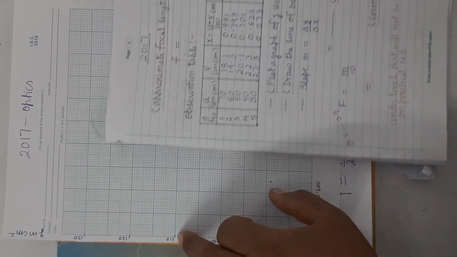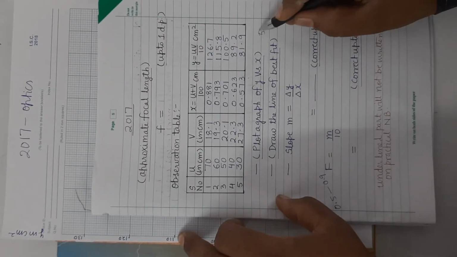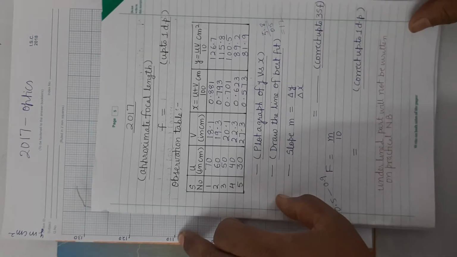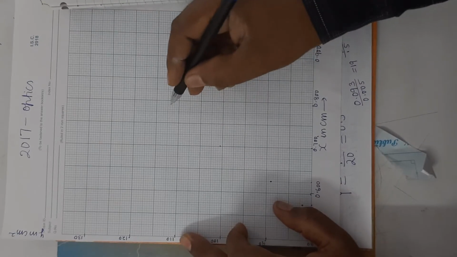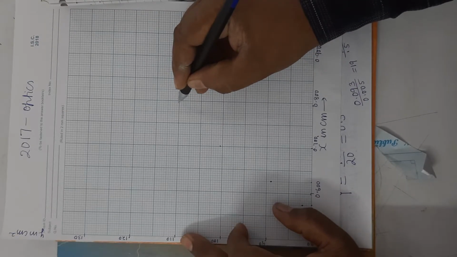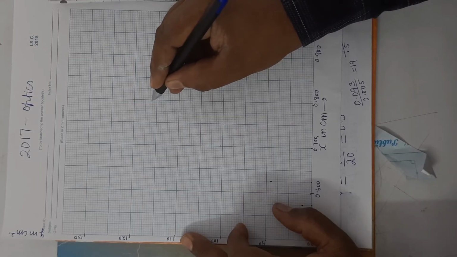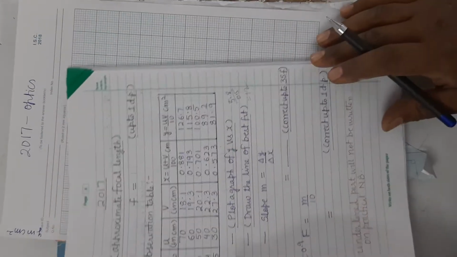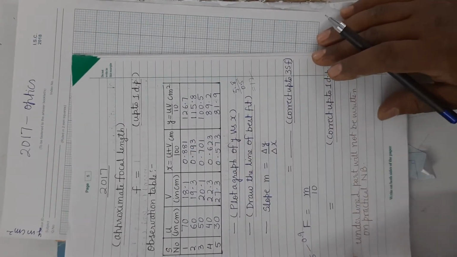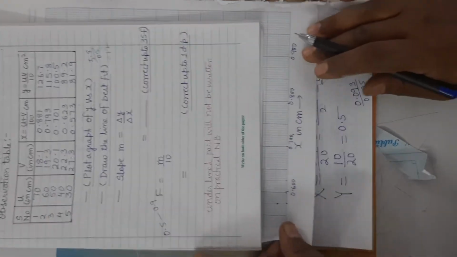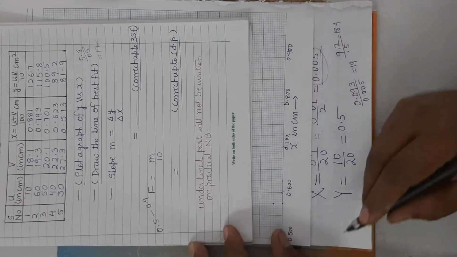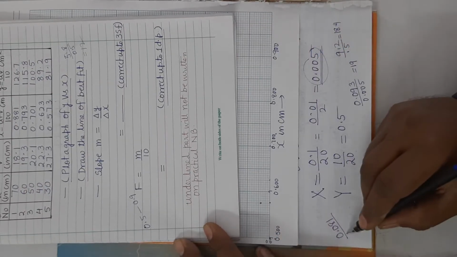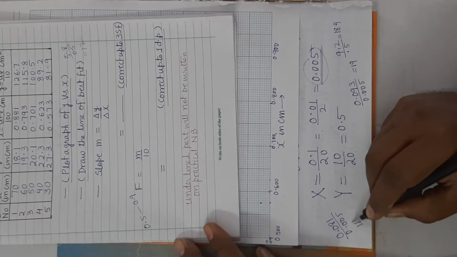115.8 means how much beyond 110? 5.8. When you divide by 0.5, it is nearly 12 divisions. 12 times 5 is 60. So you plot 12 divisions, and it is this point. After that, 0.881. It means how much beyond 0.8? 0.081. The least count is 0.005, so it means 16 divisions.